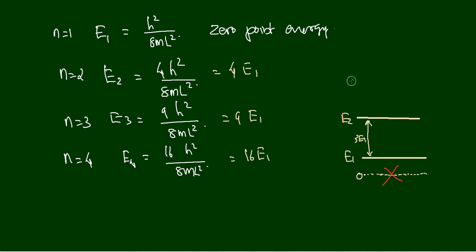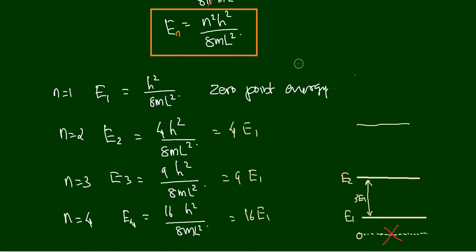And when we go to the next one, E3 is 9 times E1. So 9 times E1 is somewhere here. Let me write it here, a little down. The scale may not be very nice, so please bear with that, because I don't have enough space to write all these things.